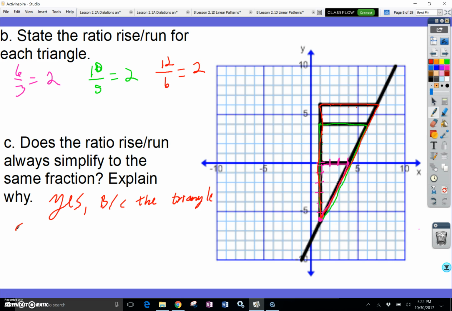Because the triangles are dilations of each other, corresponding sides are proportional.